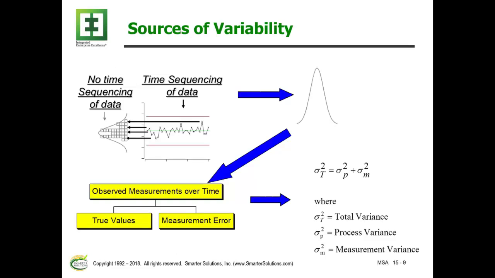If we go in and look at the variability of our overall process, which is shown in the upper right-hand corner, it's basically got two different components. It's got the true measurements and the measurement error. So the total variance is the process variance plus the measurement variance.